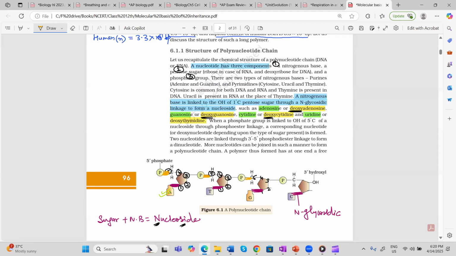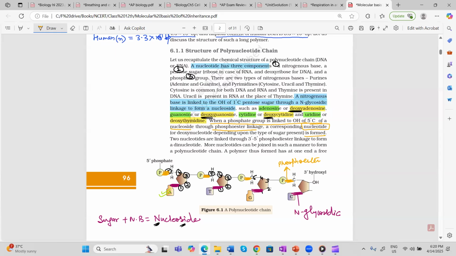So when a phosphate is attached to the fifth carbon of a nucleoside, by which bond? What is the name of this bond? Bond name is phosphoester linkage. Okay, then what do we make? We make nucleotide. Nucleotide is made.